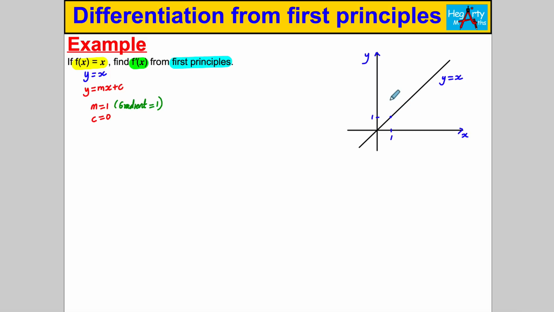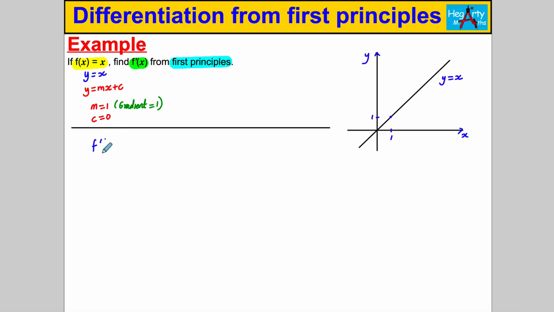So just for our background knowledge, we already know the gradient function here. It's a straight line, so we don't need differentiation, but we're going to differentiate from first principles anyway, just to check that this technique doesn't break the rules that we already know are in place, so it's consistent with what we already know. So let's give this a go anyway. What is first principles?